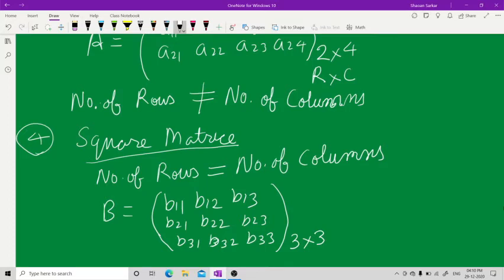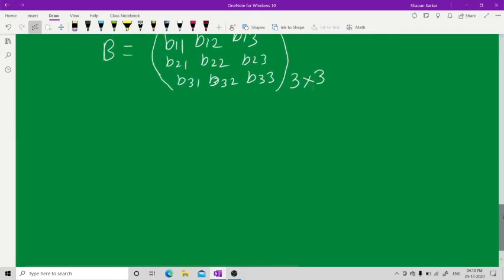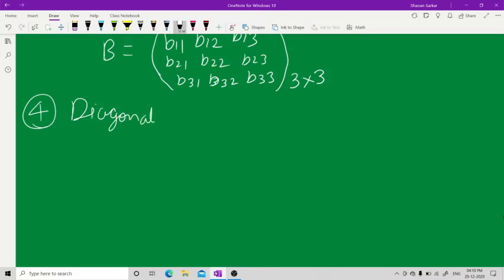Now the next one that you have is the diagonal matrix. This is a non-zero square matrix.